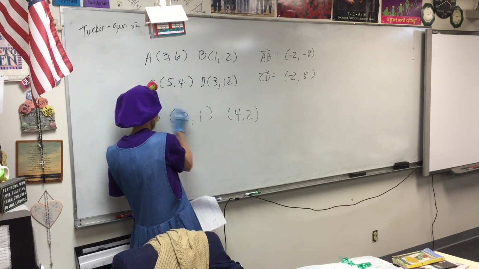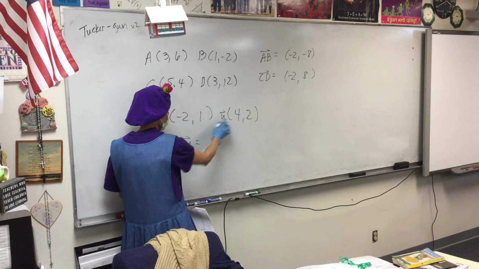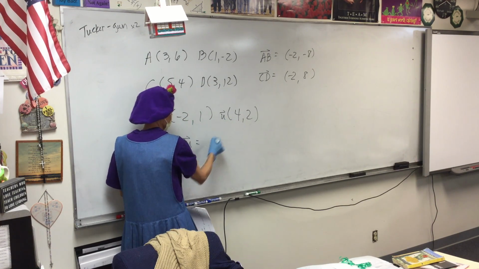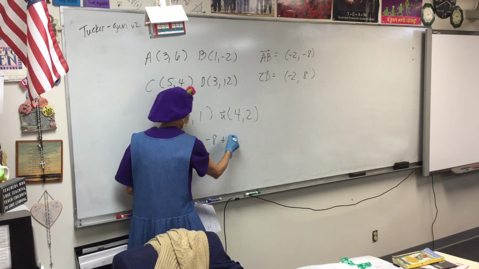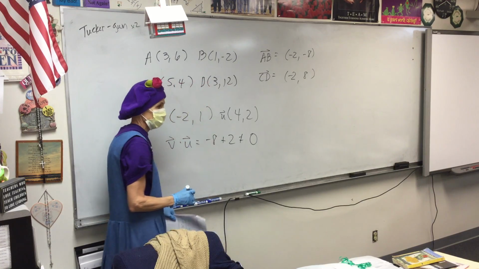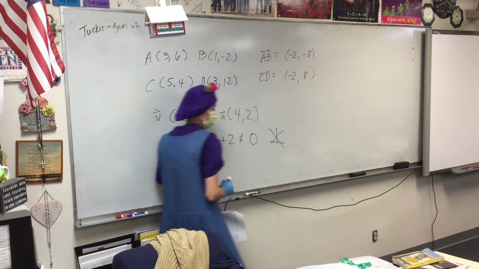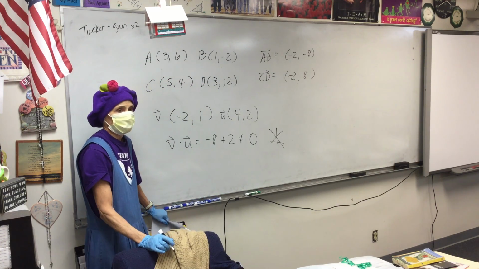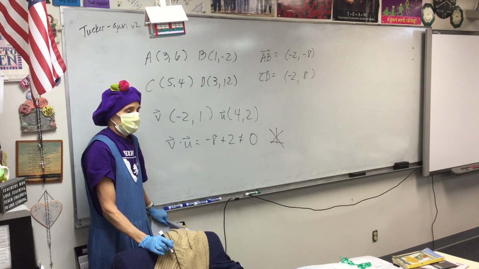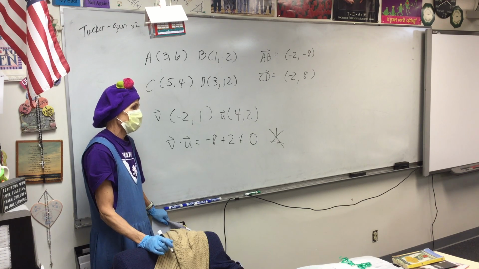I think they're called V and U. V dot U would be x times x plus y times y. I did not get 0, right? So that means they are not orthogonal. X times x, y times y, add them up.